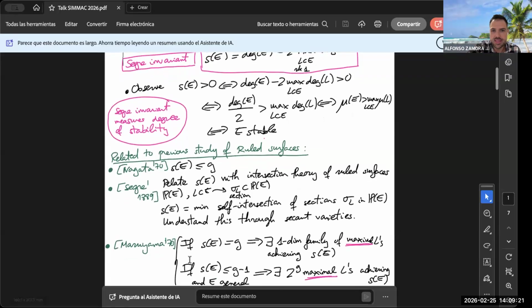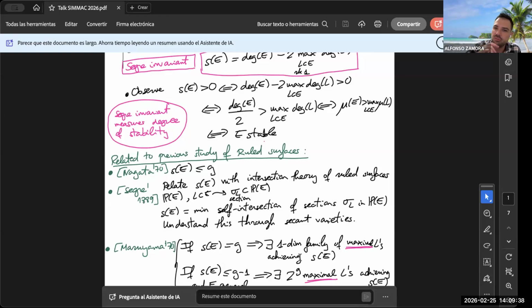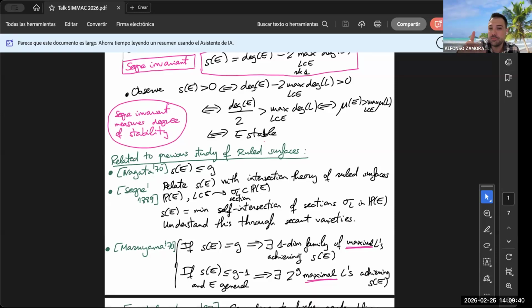And then Maruyama studies what happens in particular: what is the number of possible maximal subbundles for each value of this Segre invariant? When the Segre function achieves the value g, the genus of the curve, then we find a one-dimensional family of maximal line subbundles achieving this maximality condition of the degree.